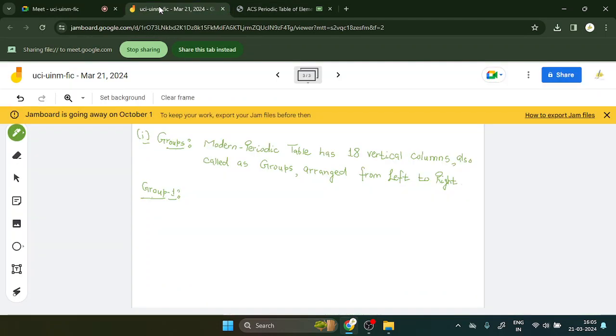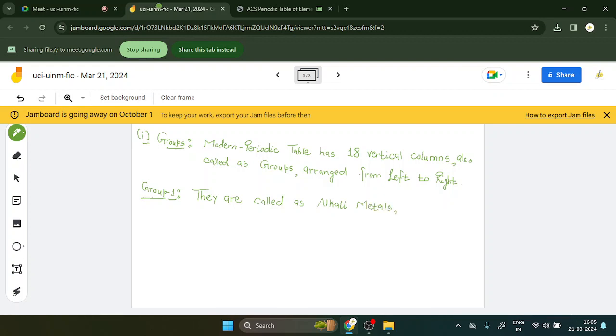So these group 1 elements are called the alkali metals. Why are these called the alkali metals?